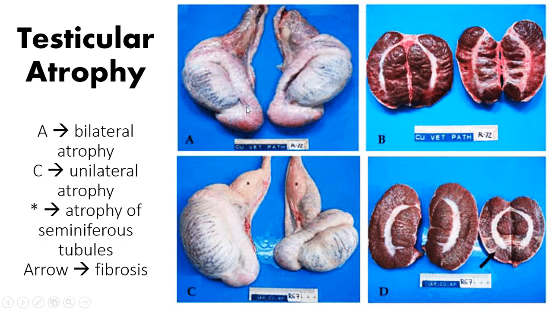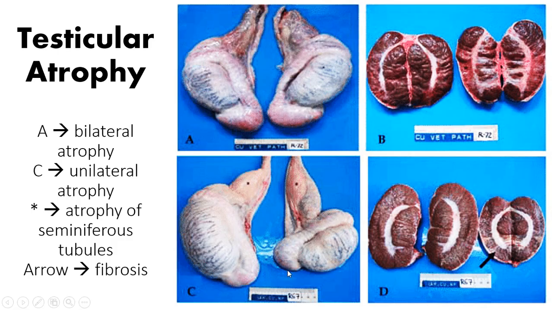Here there is bilateral atrophy in both sides of the testis, left and right. And see here, this is normal testis, and this is the shrinkage or atrophy of testis. Because it happens only on one side, we call it unilateral atrophy.